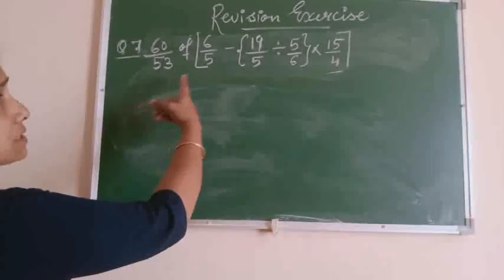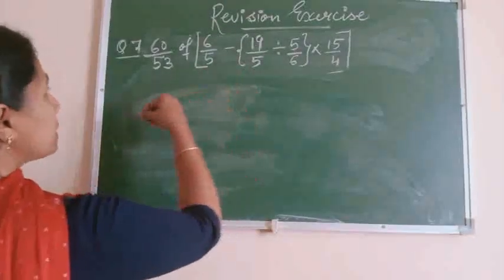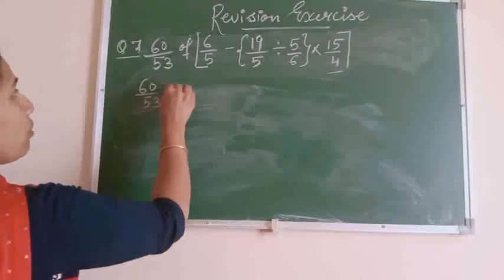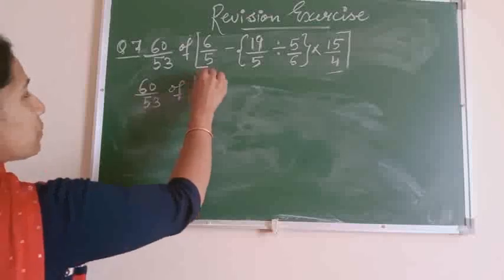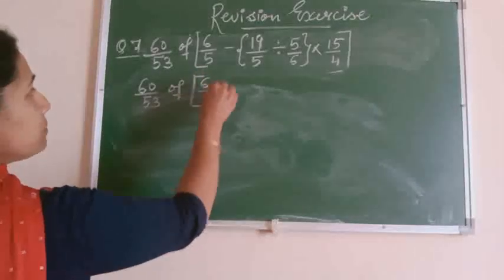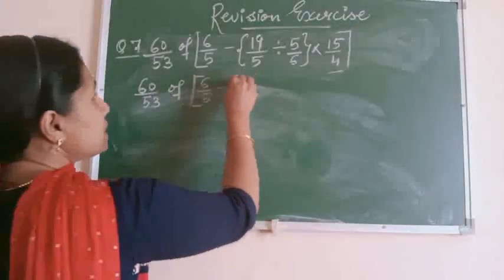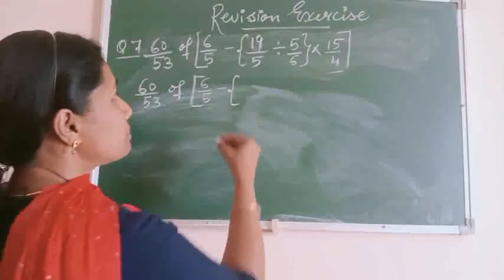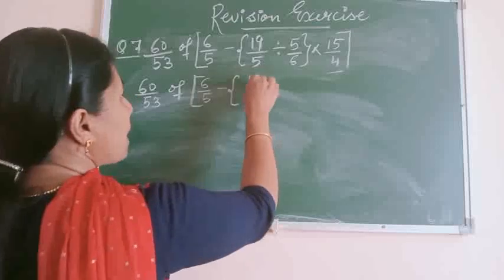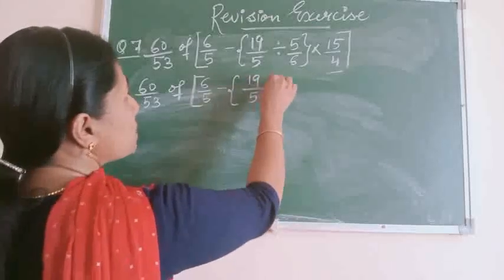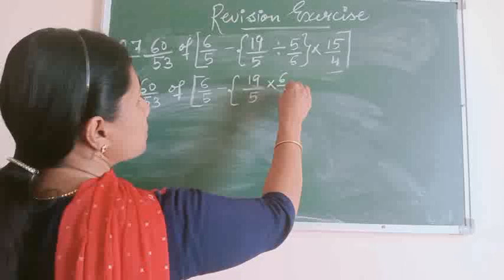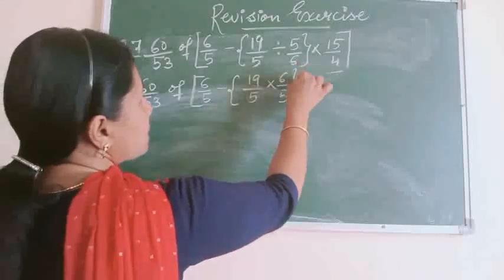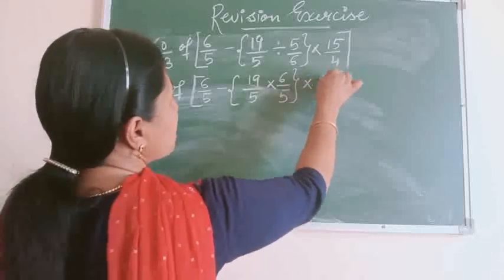After getting this you have to solve the curly bracket. Inside the curly bracket division is given. Division means you have to multiply with the reciprocal. So we are doing 19 upon 5 multiplied by 6 upon 5, and the curly bracket closed into 15 upon 4.